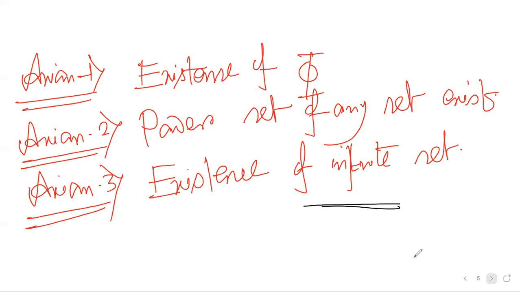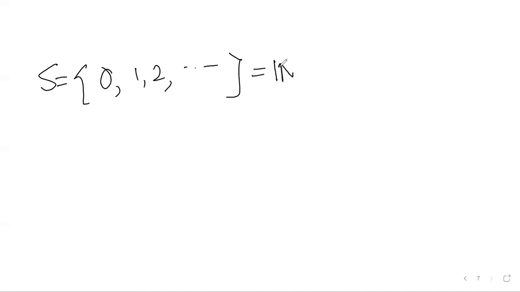So we can take that set as the collection of those numbers, and it is the same as my natural numbers. Fine. Now we have constructed the set of natural numbers. We will stop here.